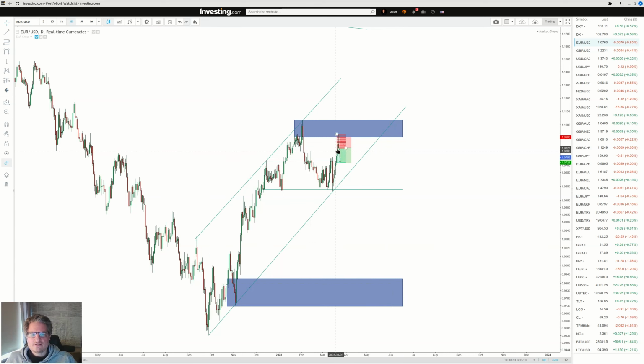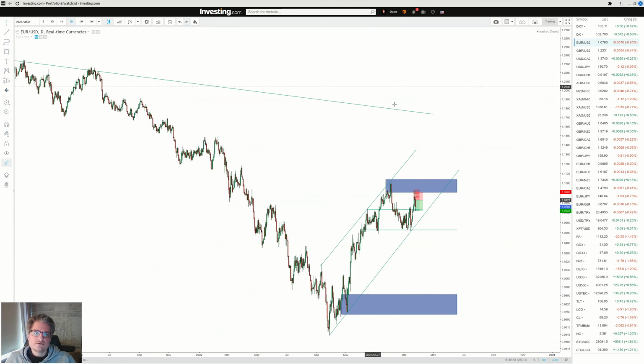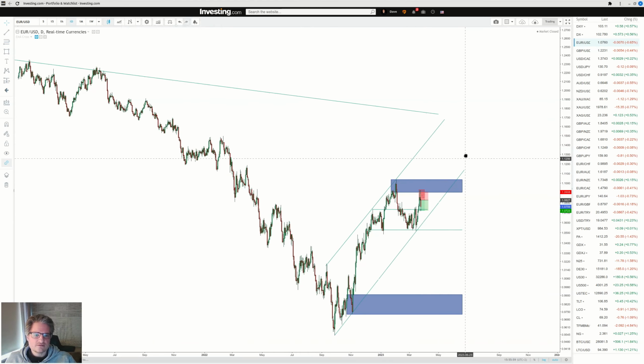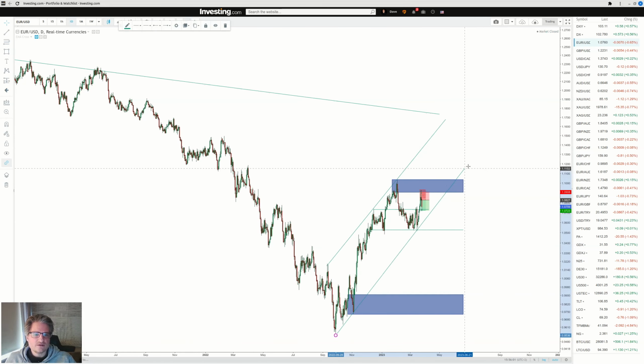Looking at this, it looks like we could actually go a little bit higher still, maybe even towards this trend line. If we extend this a little bit, then we get a better picture of where we might be going.